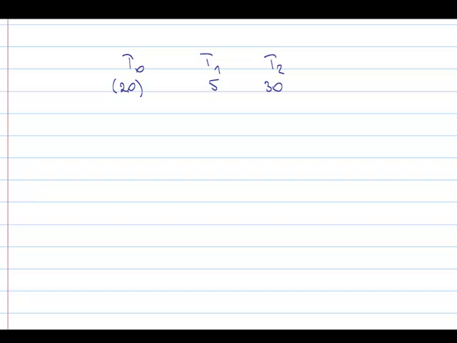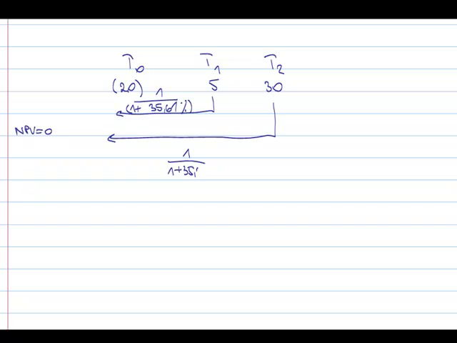Now, the idea to get to an NPV of nil is that this is discounted at this rate, and this will be discounted at this rate.